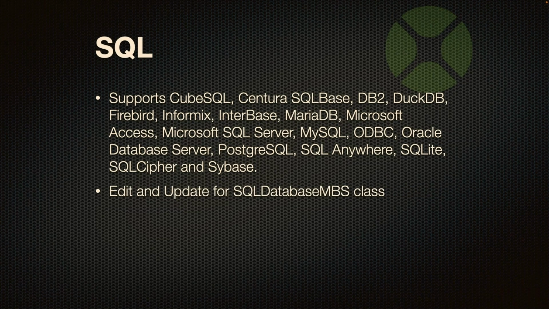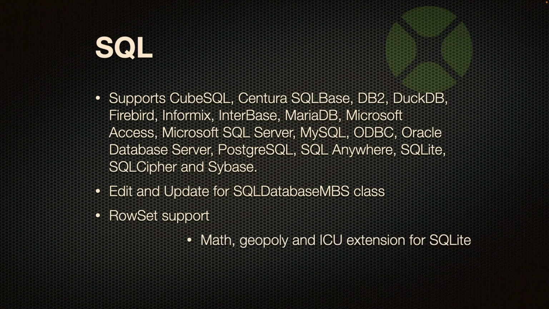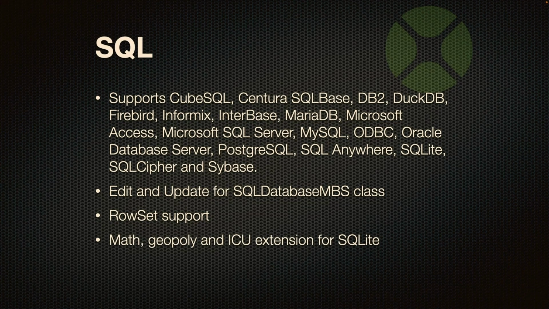Then we got edit and update methods for the SQL database MBS class finally to work, for those who don't want to write their own SQL statements. I added the support for the row set class, since Xojo introduced that some time ago. And for the built-in SQLite library in the plugin, we enabled several extensions, like the one for math functions, for geocoordinates, and for Unicode.